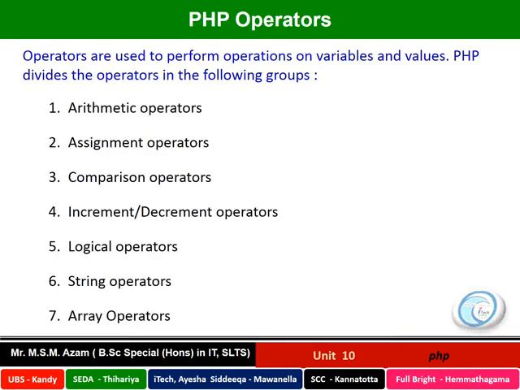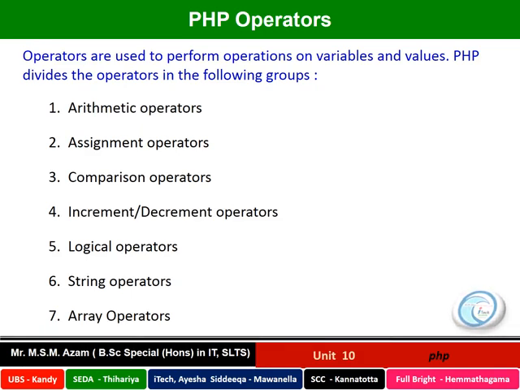Next, we have to talk about PHP operators. Let's see the definition of operators first. Operators are used to perform operations on variables and values. PHP divides the operators in the following groups. That means in PHP, we can find following types of operators.